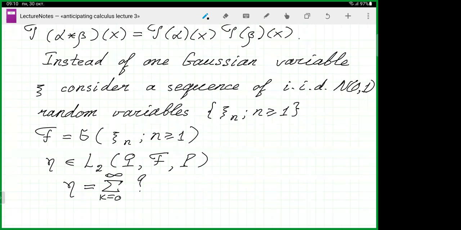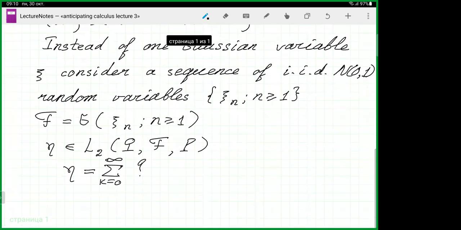And we have another problem, related to the fact that we now consider an infinite number of Gaussian random variables xi n, n greater or equal than 1. It turns out that the last problem can be solved relatively easily, so we will start from the first one.